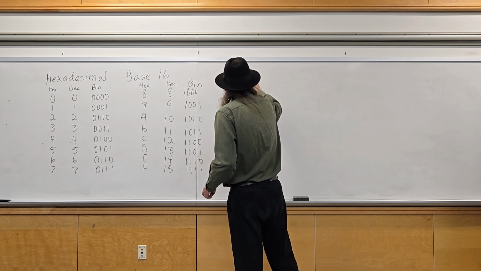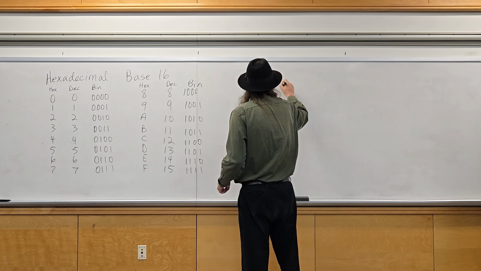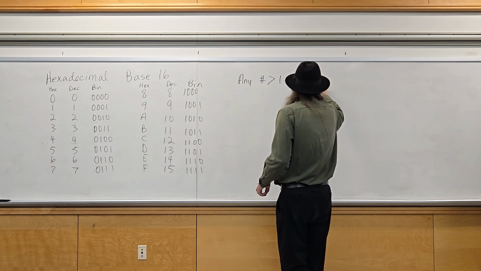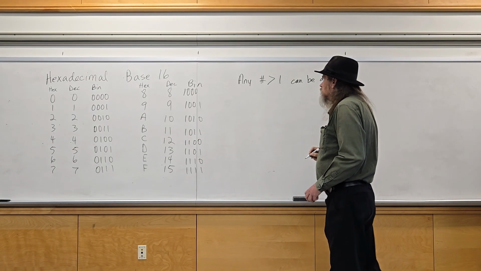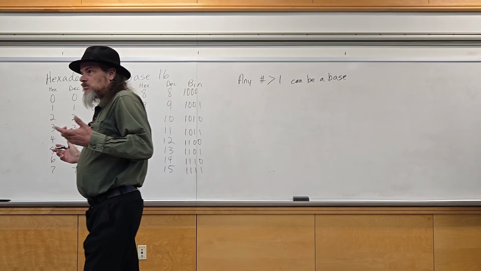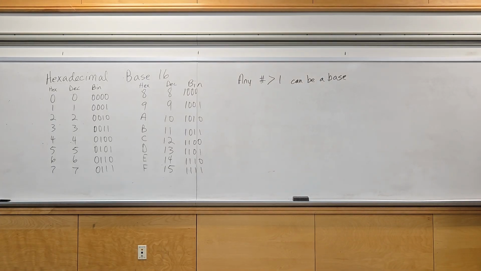Any number greater than 1 can be a base. So you can have base 7 with 7 symbols, 0 through 6.